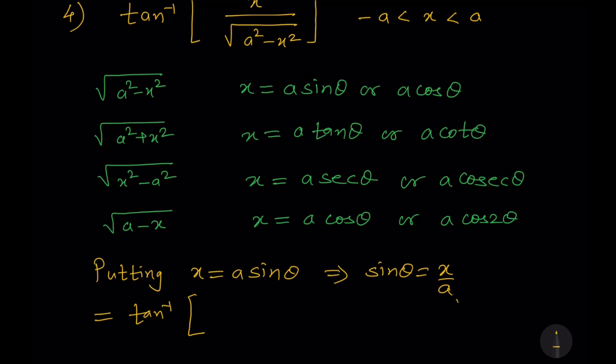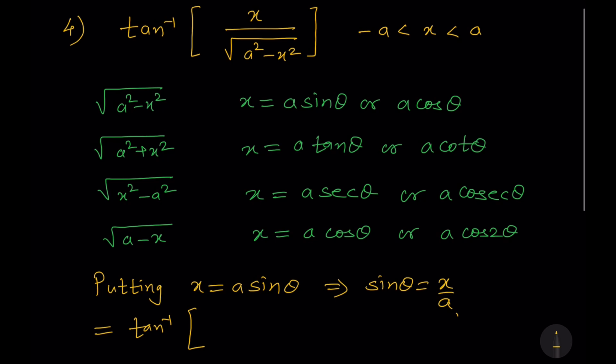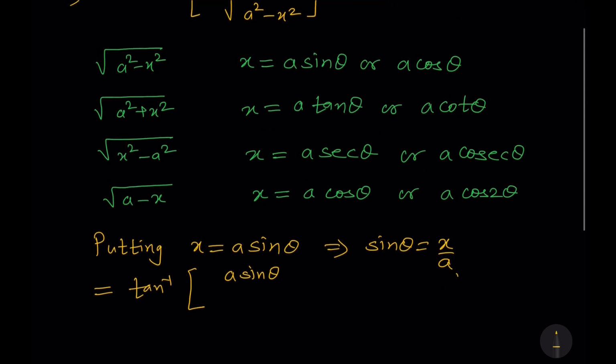Tan inverse of, now inside the bracket we are replacing x with a sin theta. So numerator will be a sin theta and denominator will be square root of a square minus a square sin square theta.